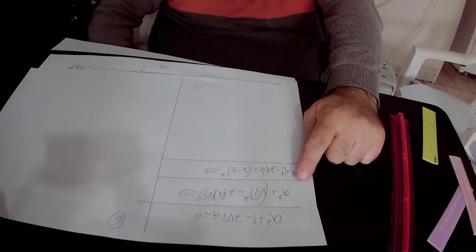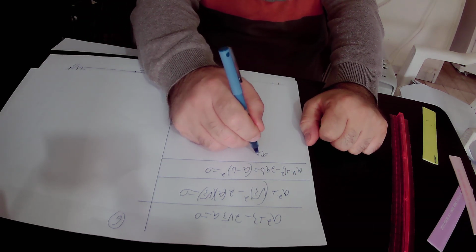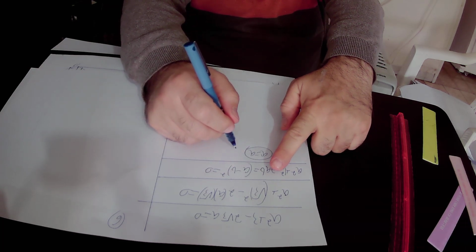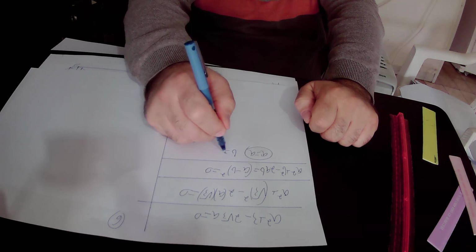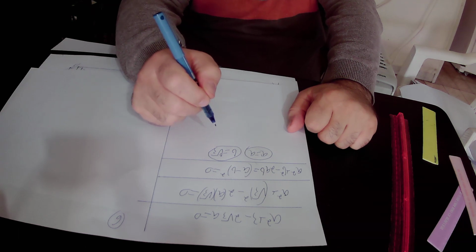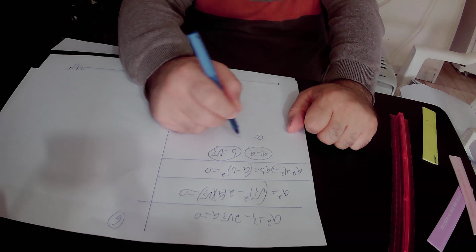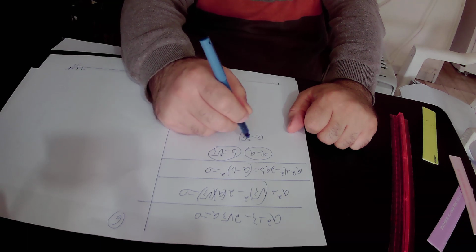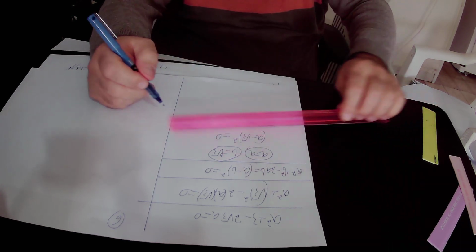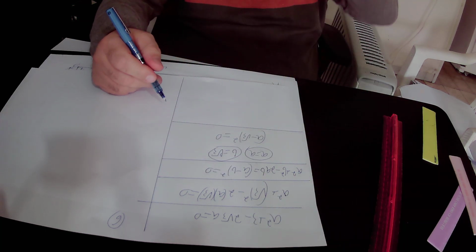In our specific equation, a equals a and b equals the square root of 3. So a minus b squared is actually a minus square root of 3 squared that equals 0. So we got that a minus square root of 3 squared equals 0.